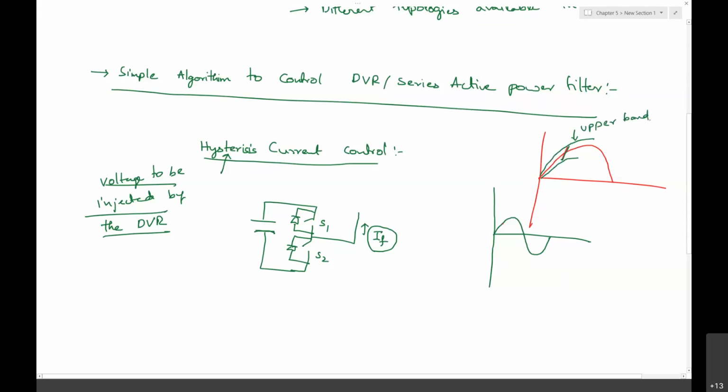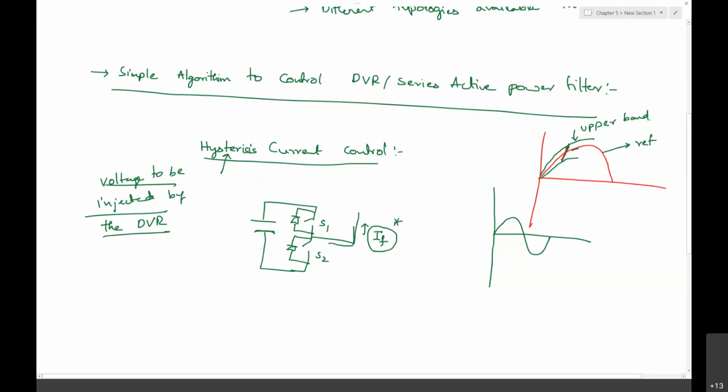Once it is touching the upper band, what we need to do is track this red line, which is our reference current. This red line is the reference current to be injected by an inverter, but the current is going along this path.